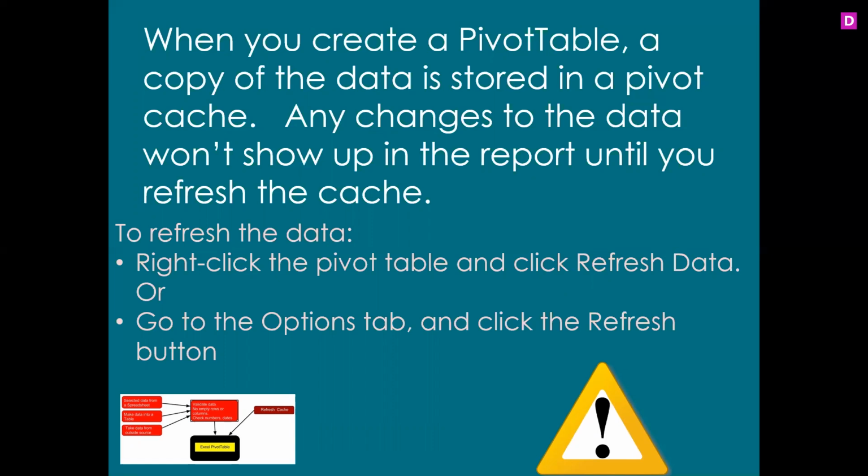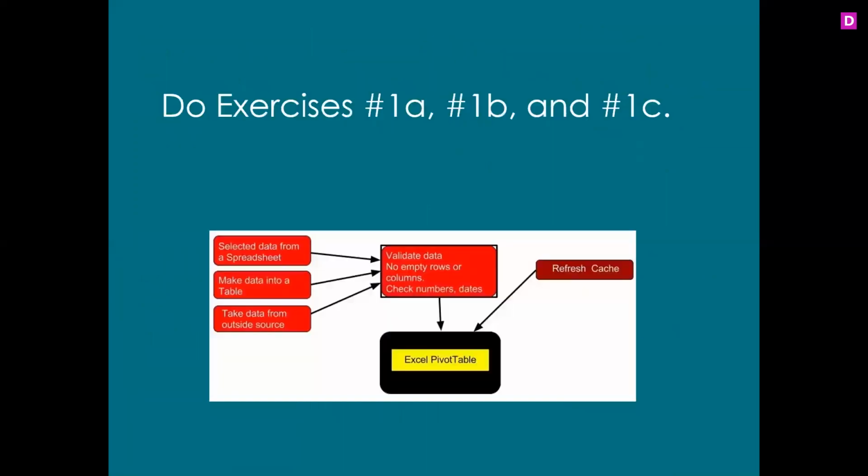Refreshing the data is F9. When we refresh the data, any changes will show in the report. To refresh, right click on the pivot table and click Refresh, or go to the Options command and click the Refresh button. If you don't want to use a shortcut key, the Options command Refresh button is available.